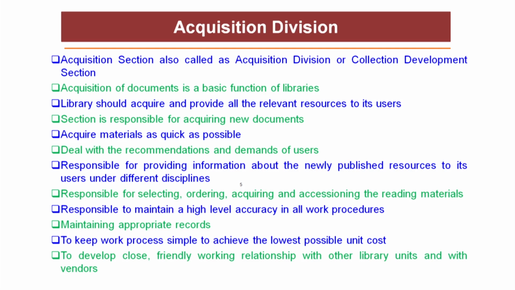This job can be easily done by a computer, because it is mechanized work where you can make very essential use of a computer. The efficiency of the computer can be highly utilized in the acquisition division, where the repetitive work can be done using a computer.